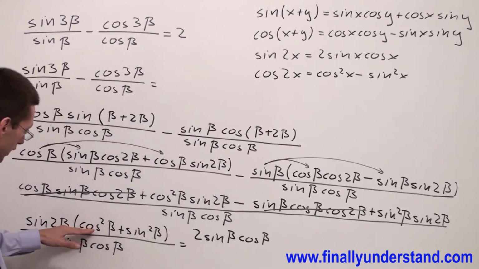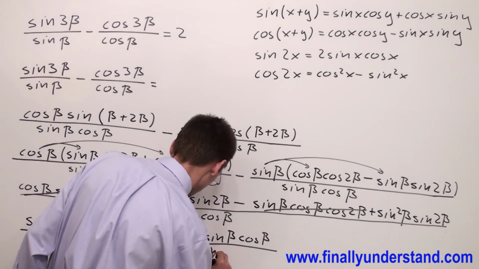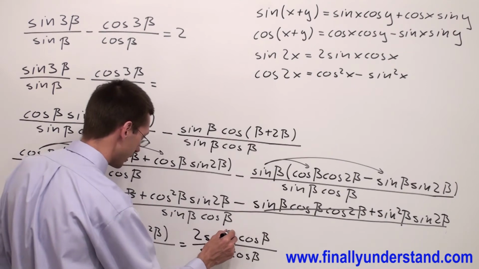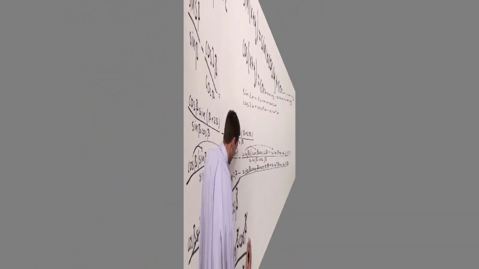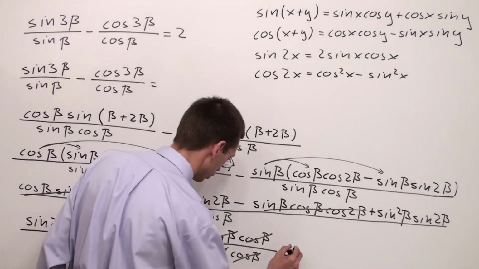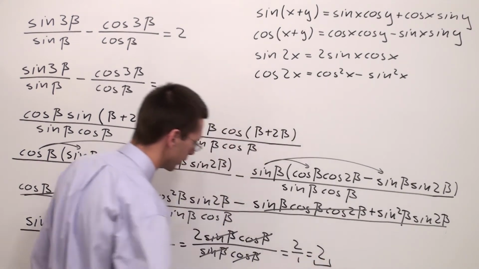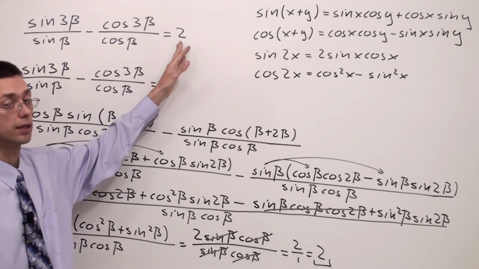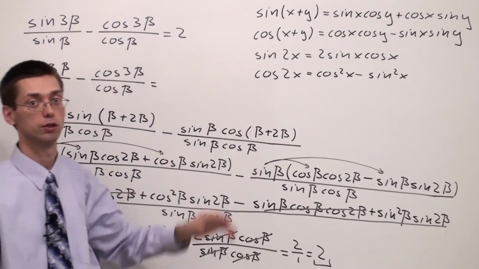And don't forget, this is 1, that's why I don't copy this down, over sine beta cosine beta. Sine beta and sine beta will cancel out, cosine and cosine will cancel out, and I end up with 2 over 1, which is equal 2. In the original identity, on the right side, I have 2. So this is the proof that left side is equal to the right side.